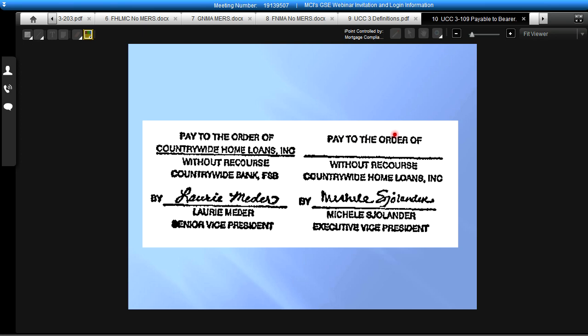The clear intention was that Countrywide Home Loans, Inc. negotiation of the Doe note will only be complete when the payee is named. The Doe note with an as yet unnamed payee is not and cannot be treated as a bearer instrument, as no person will acquire any rights to the Doe note until a person is named.